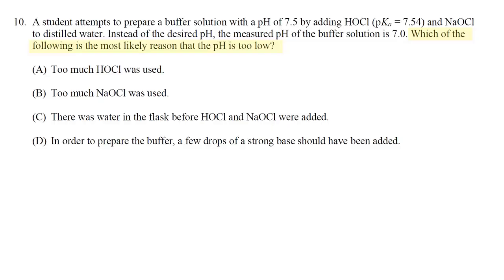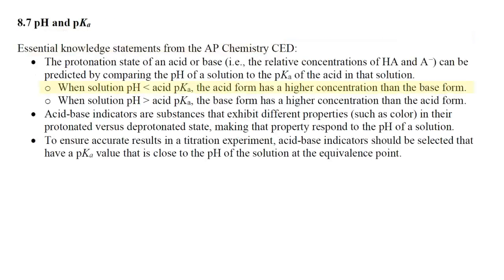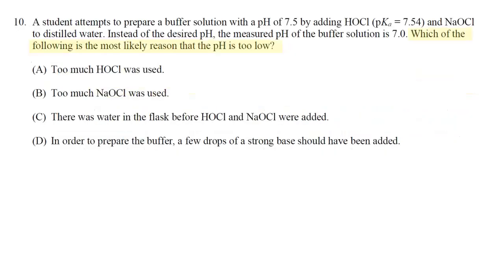This is about pH versus pKa. So topic 8.7, pH and pKa. When the solution has a pH that is less than the pKa, then the acid form, as in HA, would have a higher concentration than the base form, A-. So pH less than pKa, there should be more HA than A-.